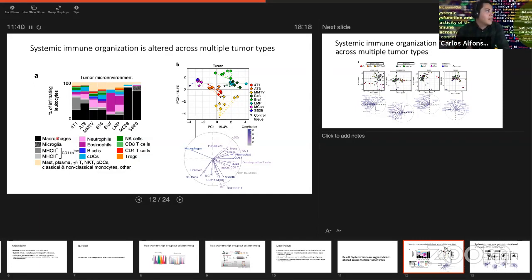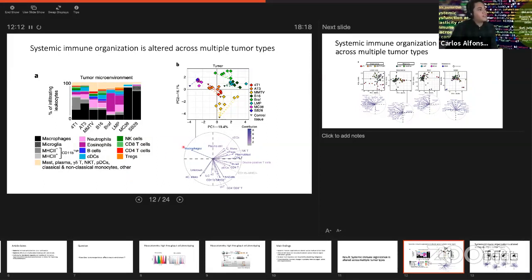Indeed, the most dominant cell type in most of them are the macrophages, and the interesting part of this is that these macrophages are especially affected in these models, MC38 and SV28, while in the models of melanoma, we have more eosinophil infiltration into this tumor microenvironment.